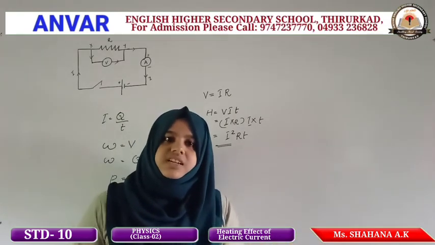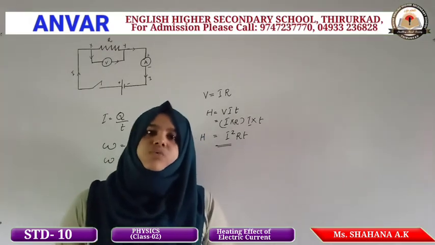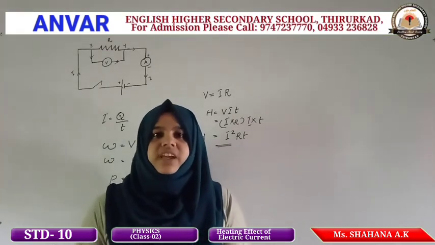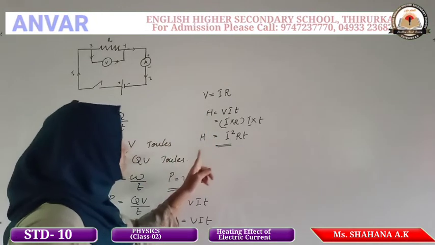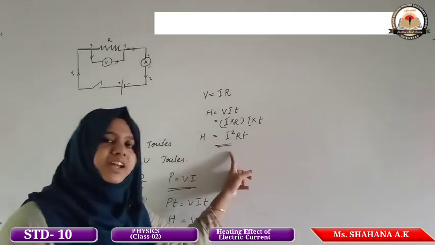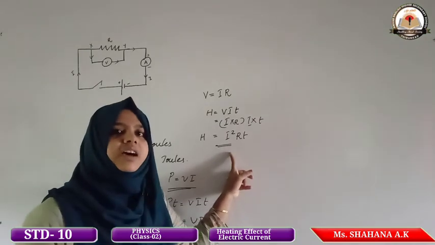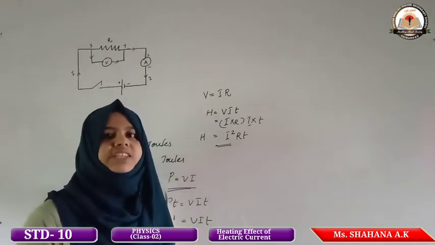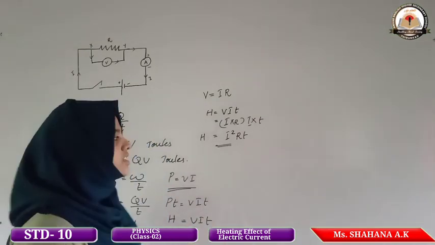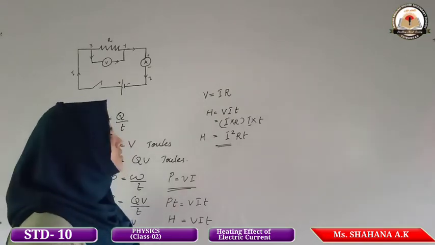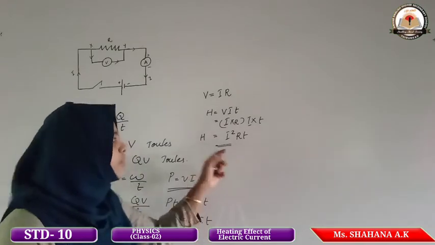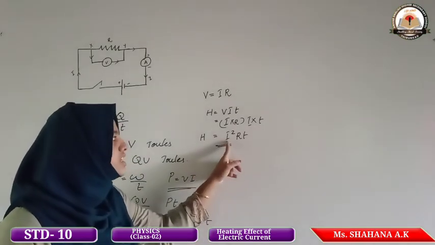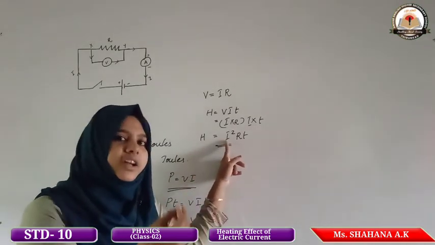Then we have to study the factors that influence the generation of heat in a circuit. If you look at this equation, from this equation itself we can understand the three factors which influence the heat generated in a circuit when we are passing current through that circuit. The equation is H is equal to I square RT.